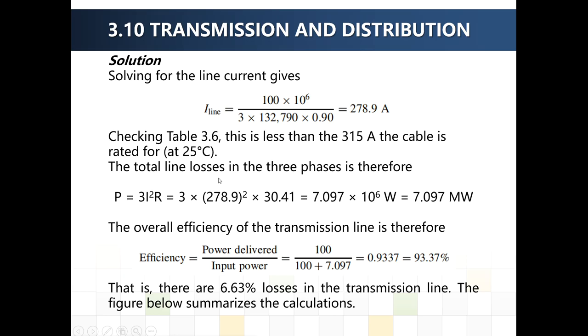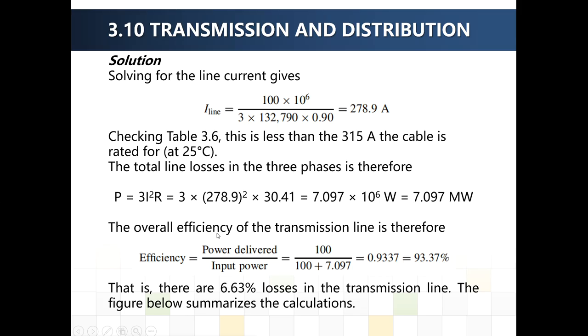The total line loss in three phases will be equal to 3 times I squared R, which is 3 times 278.9 squared times 30.41 ohm. That is equal to 7.097 megawatt. This is the total line loss over the three phases.